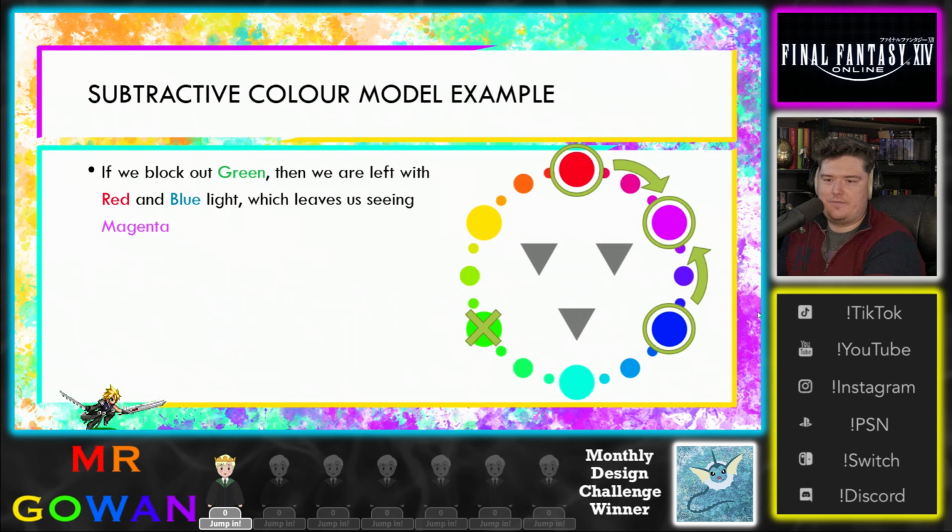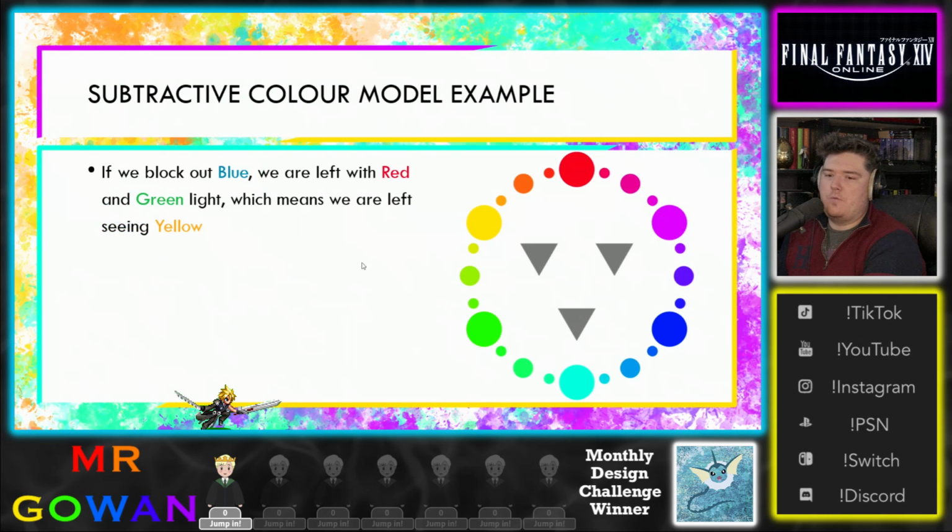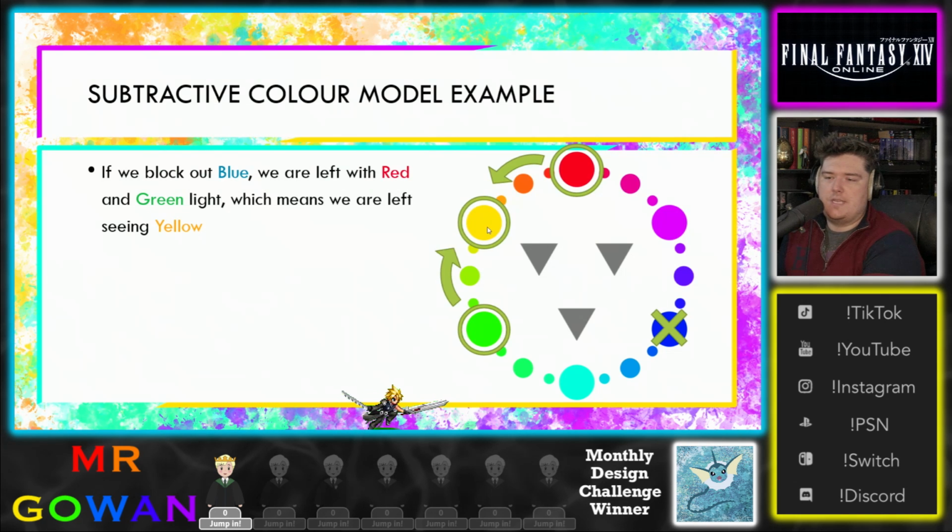Magenta is what's left. If we block out blue, we're left with red and green light, which means that we see the thing that appears between those two, which is yellow. So if we get rid of blue, we see yellow because the only light we can see is red and green. Therefore, our eyes visualize that as yellow.